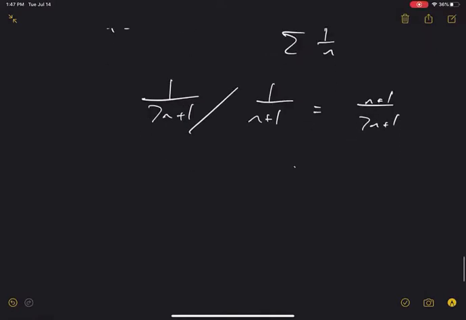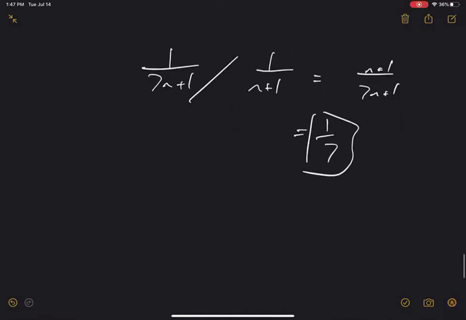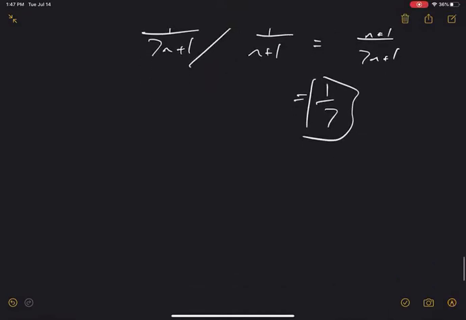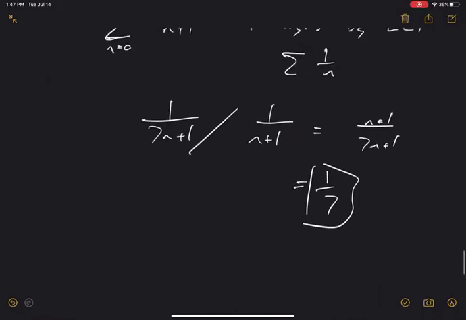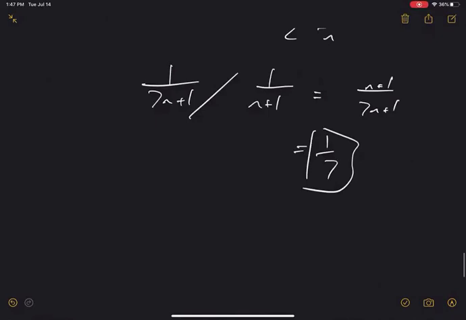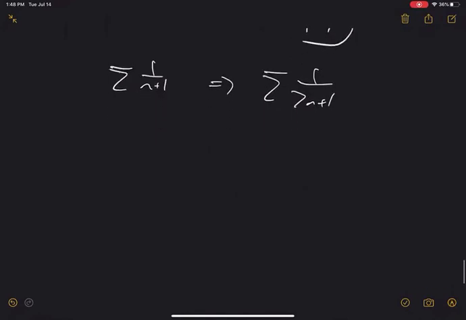The limit of that equals 1 over 7, a positive number greater than 0. So what does the limit comparison test tell me? These series do the same thing. Since 1 over n plus 1 diverges, that implies 1 over 7n plus 1 diverges by limit comparison test.